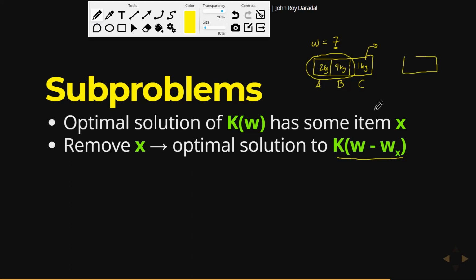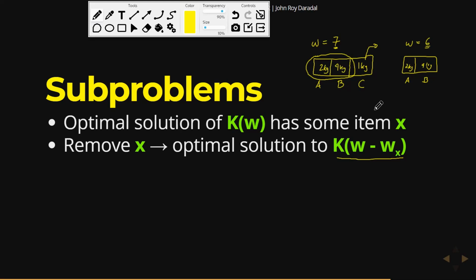So A and B, 2 kilos and 4 kilos, should also be the optimal solution for W equal to 6. Because if it's not, then we would have had a different optimal solution for W equal to 7. If there was a better combination than this, that better combination plus this 1 kilo would have been the optimal solution. But since this was the optimal solution for 7, removing this gives us the optimal solution to 6.